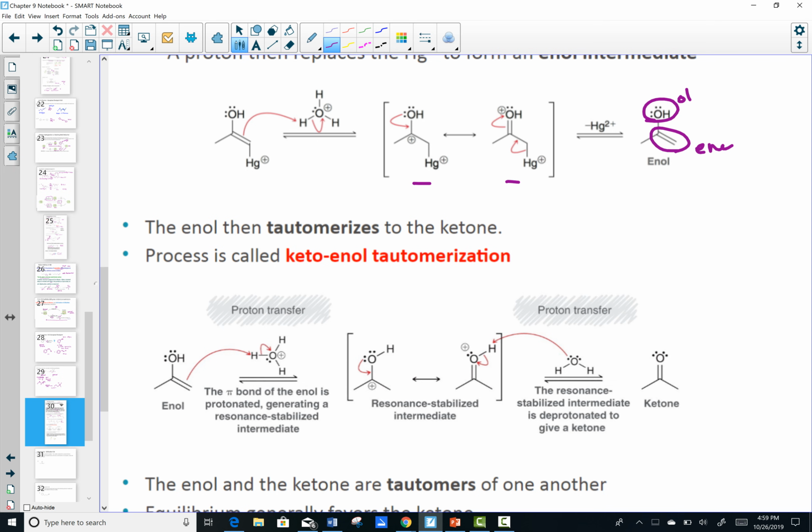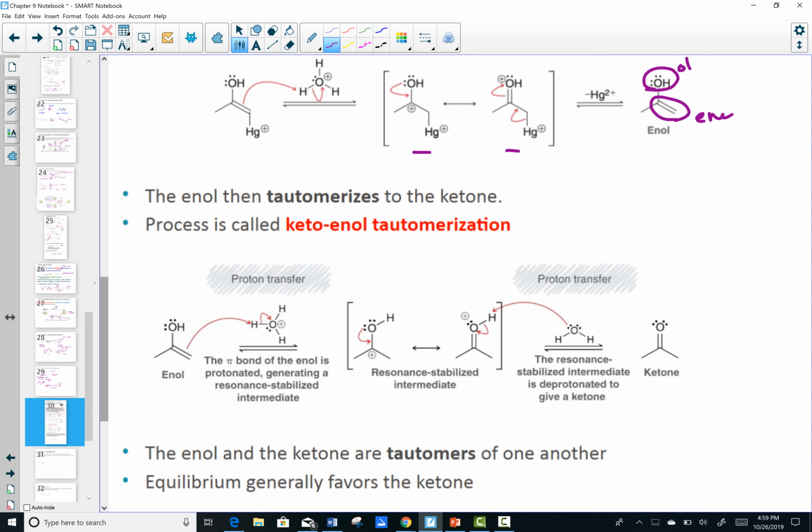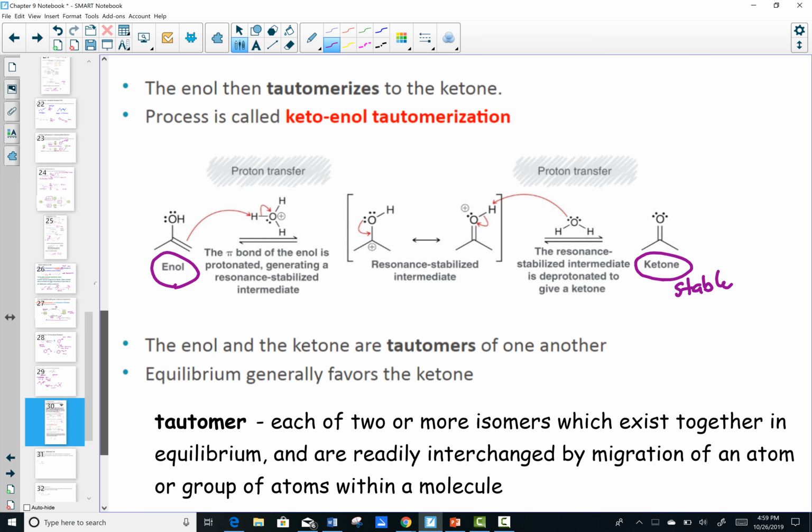I know it sounds like a foreign language. Keto-enol tautomerism. Speak English, Hansen, right? Well, all that simply means is there is an equilibrium between the enol and the ketone that's the more stable configuration between those atoms. And I wanted to do some definitions for you.